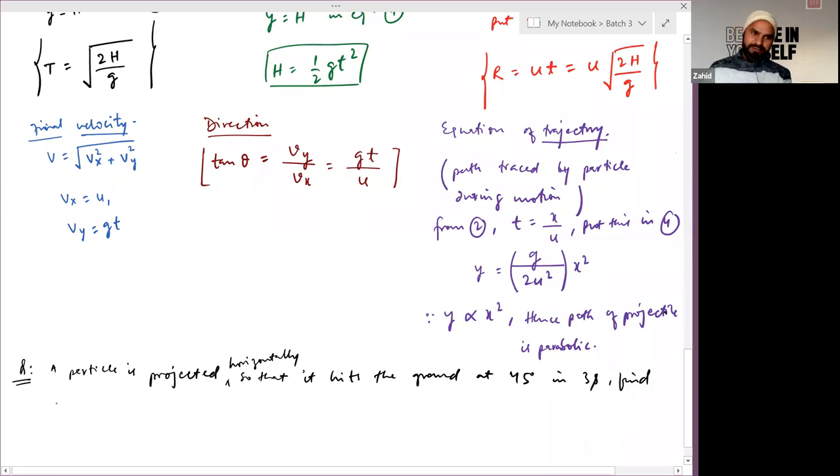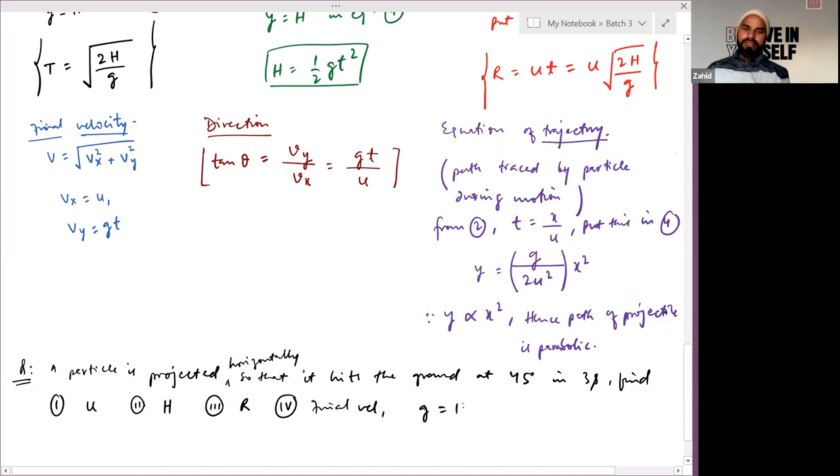So try to find first the initial velocity of projection, second the height of projection, third the horizontal range, and fourth the final velocity.